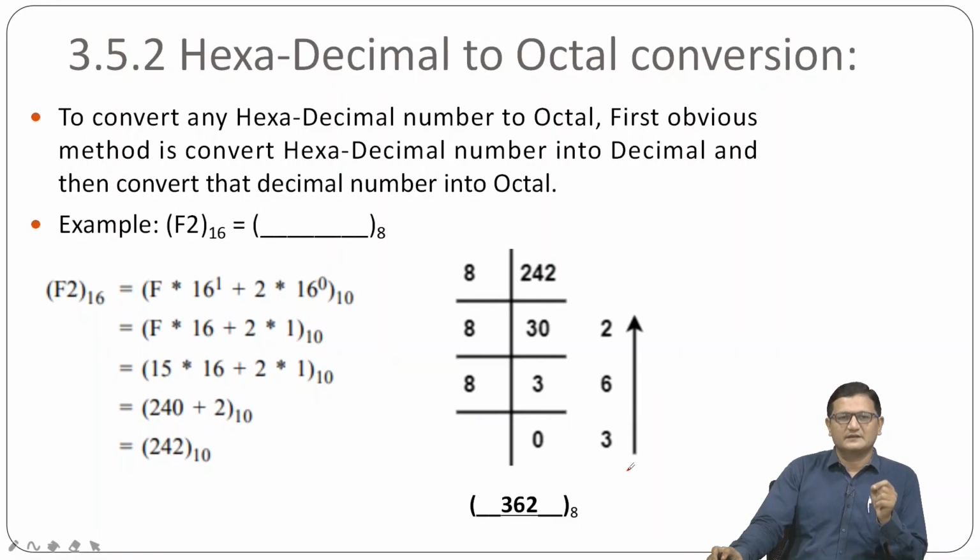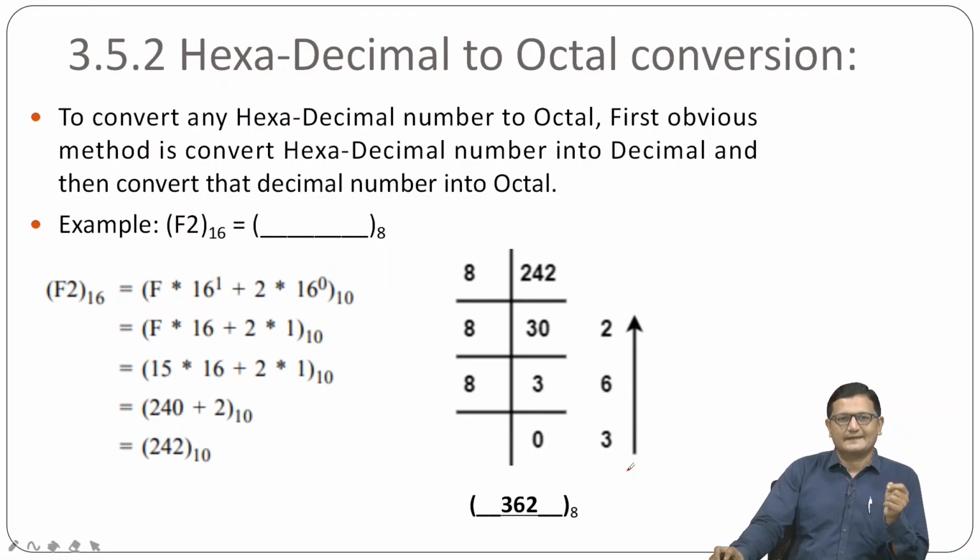And here we are using 16 because we are converting a hexadecimal number into decimal, and the base of the hexadecimal system is 16. So you multiply 2 with 16 to the power 0 and F with 16 to the power 1. 16 to the power 0 is 1, so 2 into 1, and F into 16, because 16 to the power 1 is 16.